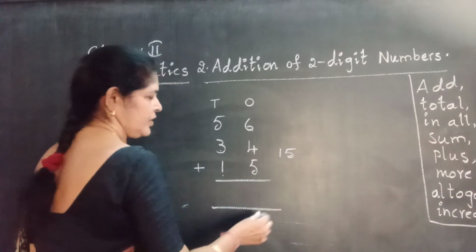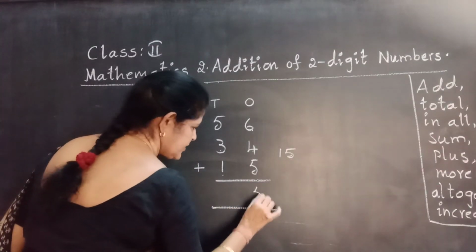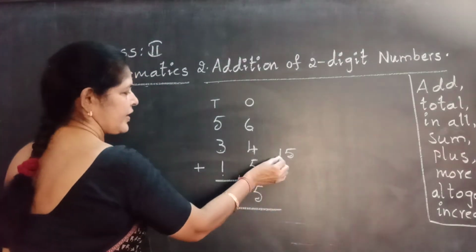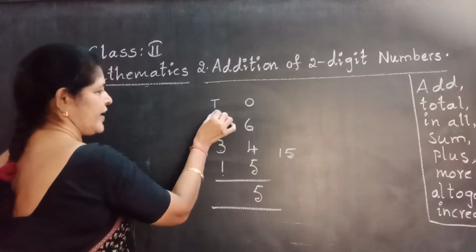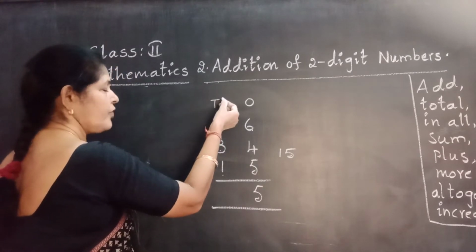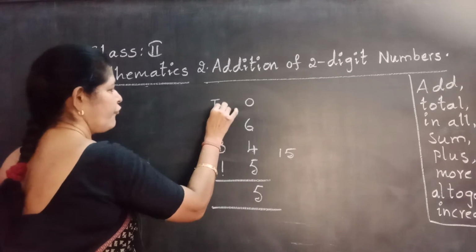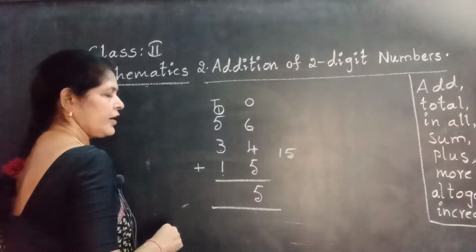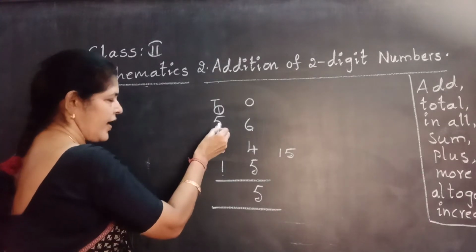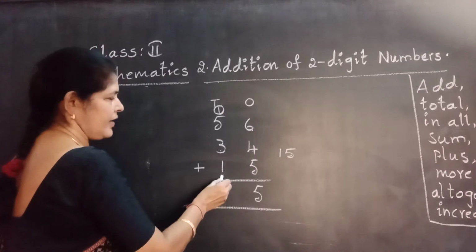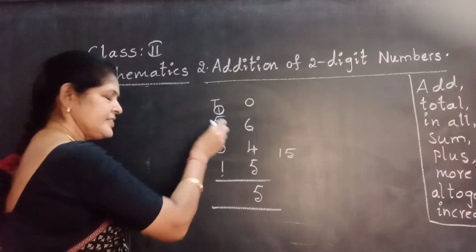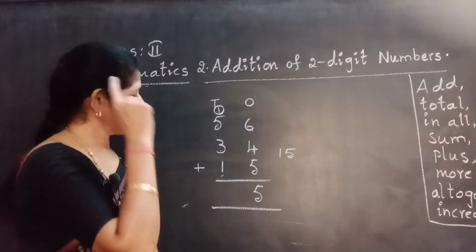2-digit number. Ones number write in the ones place. Tens number carry forward to tens place. That means right top of the tens place, above 5. Okay. Now 1 plus 5 plus 3 plus 1. 1 plus 5, 6. Very good. 6 in the mind.